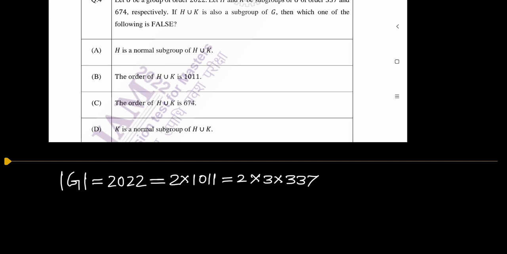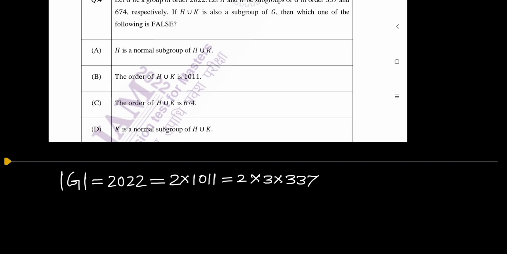In this, all these three numbers, 2, 3 and 337, are prime numbers.